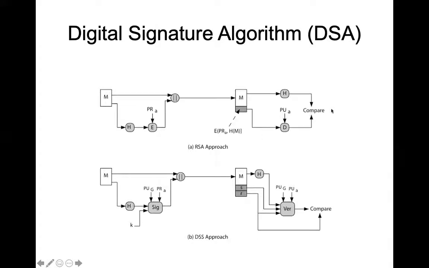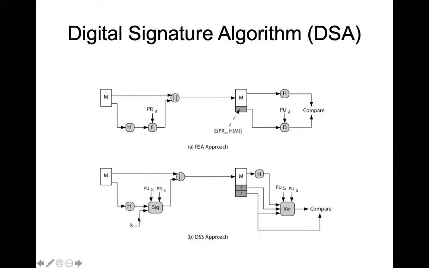of digital signature verification. So in the DSA approach, you take the message and you hash it and you pass it to this function called sig, which computes the signature. The sig takes a bunch of parameters. It takes a bunch of public parameters which are known to everyone, not just Alice and Bob, everyone. And it takes Alice's private key.